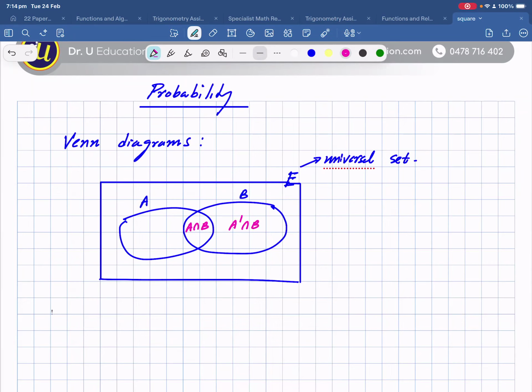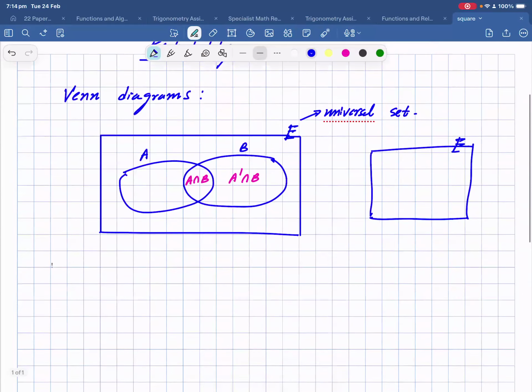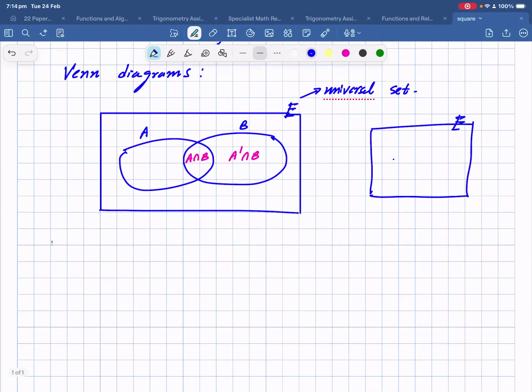Now what is this language? If you have the universal set and you have A here, right? So A is going to be this one. What is A prime? A prime is going to be this.